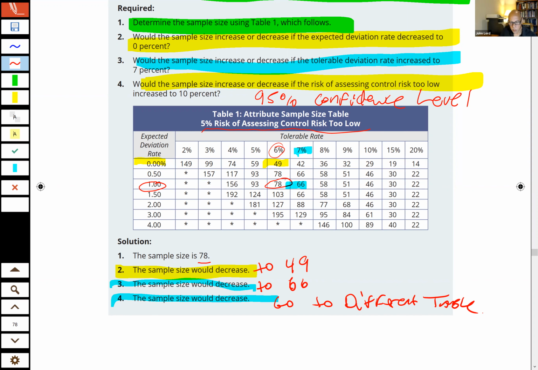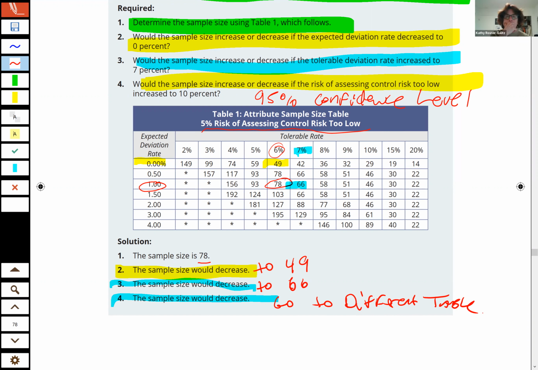Risk of assessing control risk too low is analogous to the risk of eating a poison apple. So is that the tolerable rate? No. Is eating a poison apple an accident, a mistake? Yeah. Okay, is assessing control risk too low a mistake? Yes.